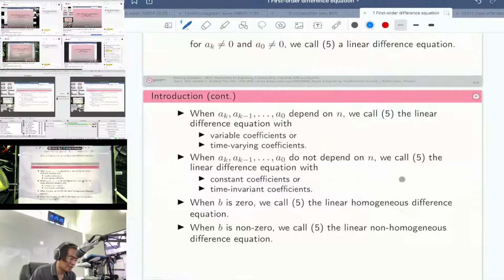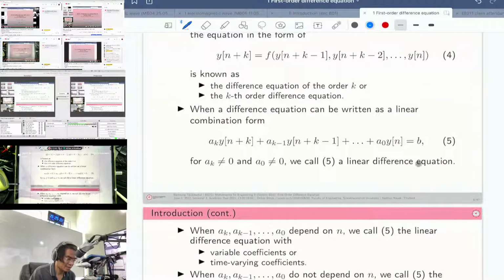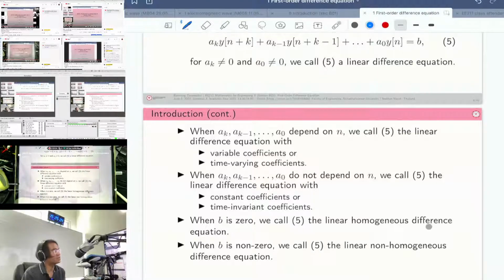But if b here is 0, it's a homogeneous difference equation. I'm not sure whether you have passed EE211 at that time. You should be familiar with homogeneous differential equations. You would have got used to non-homogeneous difference equations.